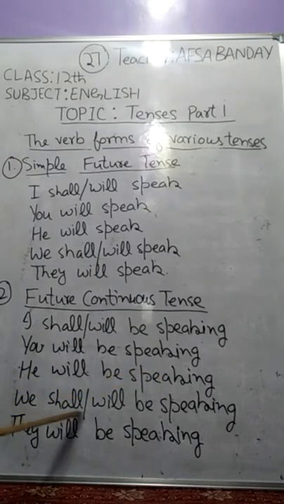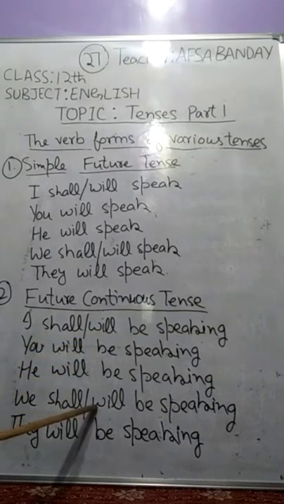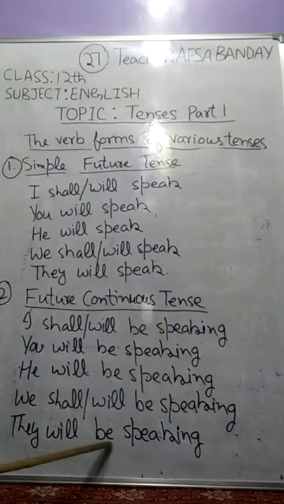We shall or will be speaking because it's first person plural pronoun. So we say we shall or we will be speaking. And with they, that means third person plural pronoun, we say they will be speaking.